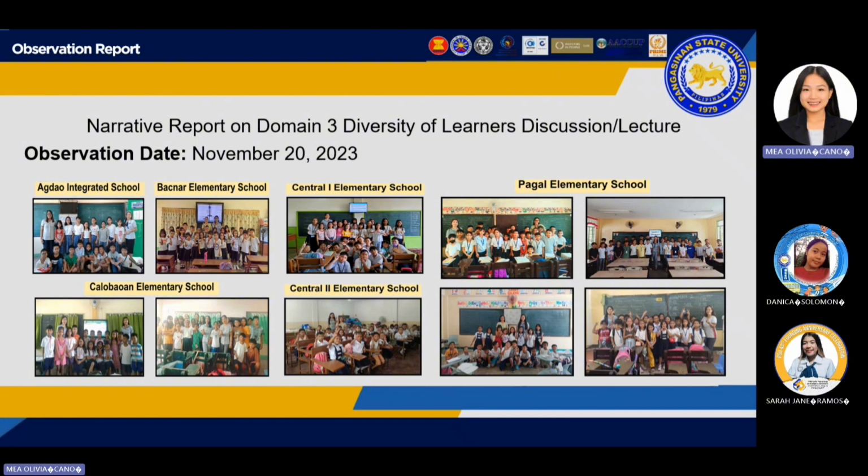It underscores the significance of considering learners' diverse backgrounds in educational planning and aims to reflect on the strategies and routines employed by the teachers to address the individual differences amongst learners, emphasizing the importance of inclusive education.